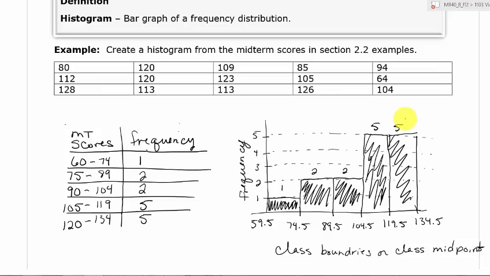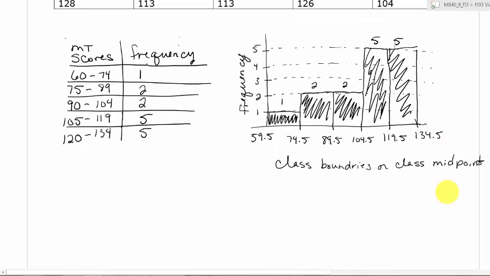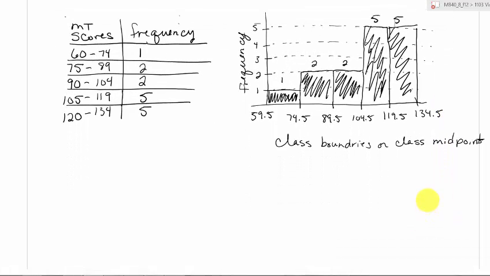You could also do a histogram using the relative frequencies, and that's exactly the same as the histogram that we just made, except instead of having counts along the edge, we have the percentages along the edge. So we can fairly quickly create that one as well.